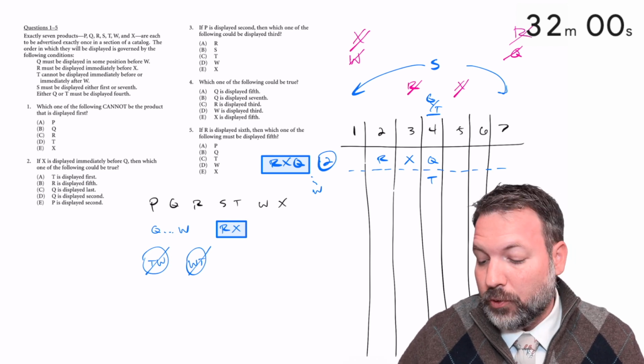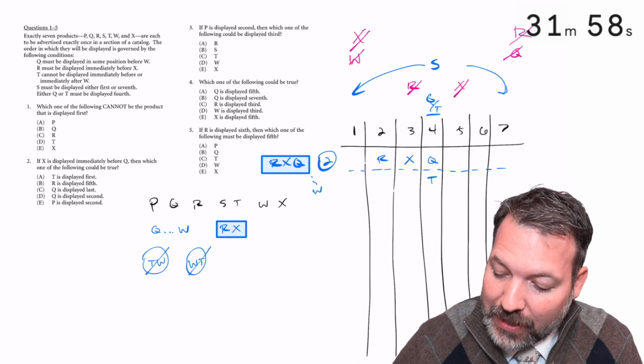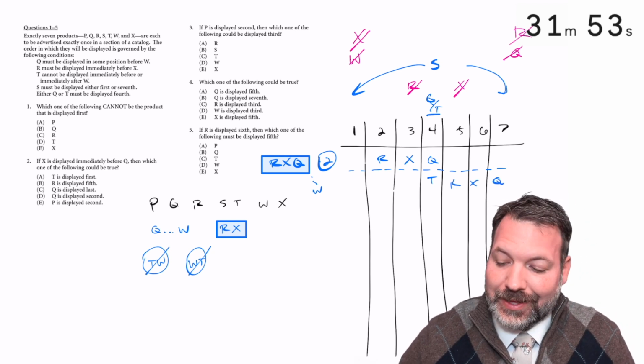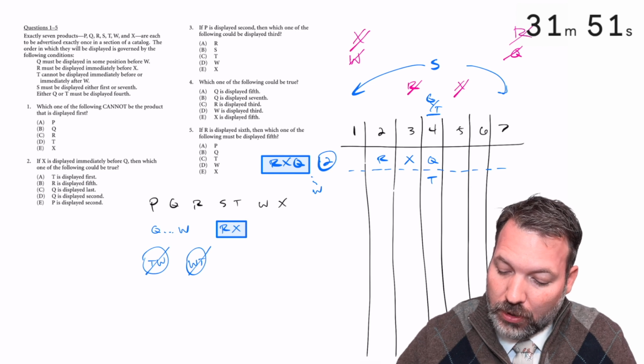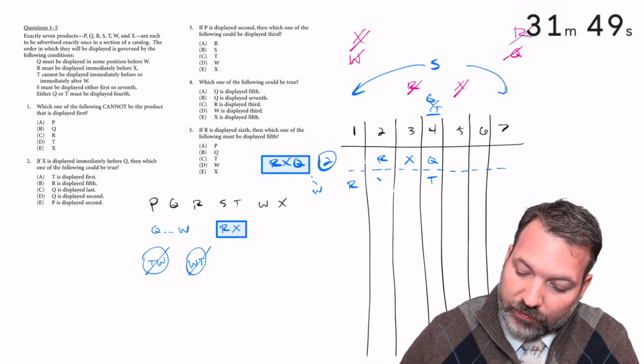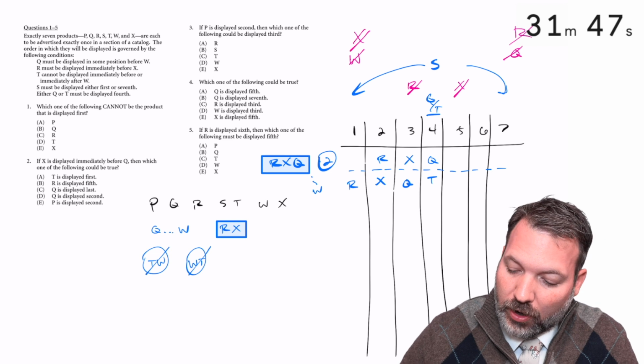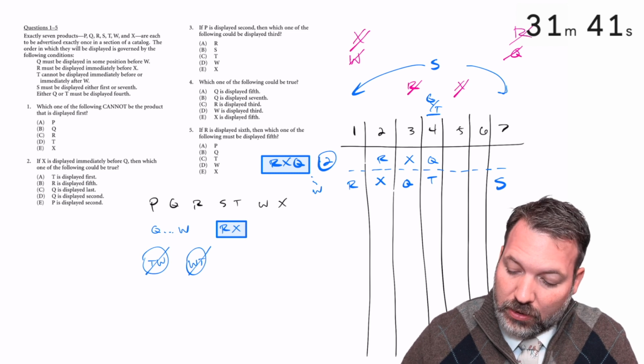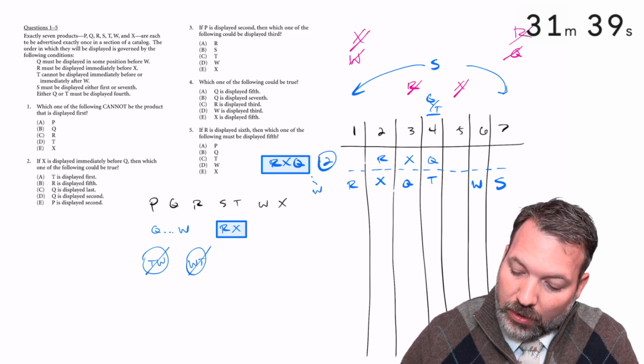Now if T is 4th, that's a little bit more interesting. I can't put the RXQ block 5, 6, 7 because then there'd be no room for W. So I know for sure if T is 4th, it's got to be RXQ in 1, 2, 3. That would mean it has to be S going 7th. And then, of course, W can't be next to T.